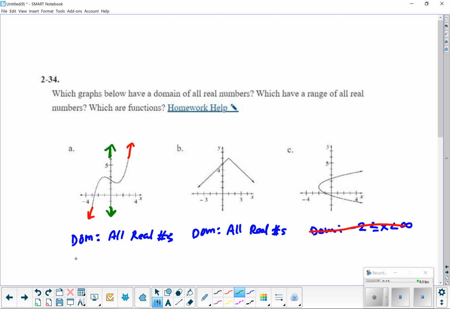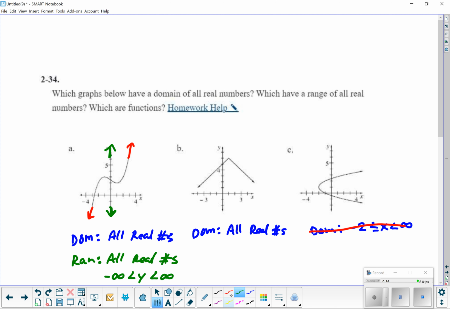So this one has a range of all real numbers. Remember, all real numbers just means that it's between -infinity and infinity. That's how we usually write it, but you can also say it's all real numbers, which means it's everything you can think of.